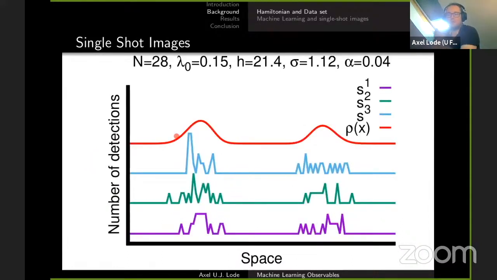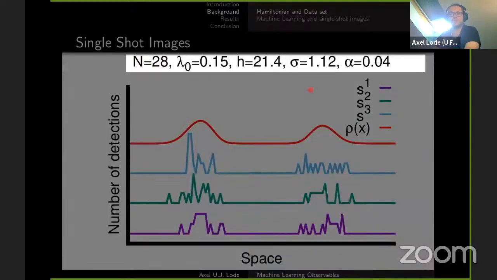To give you a feeling of what these images look like for our double well potential, I chose one set of random parameters, shown above: one number of particles, one interaction, one barrier height, one barrier width, and one tilt.